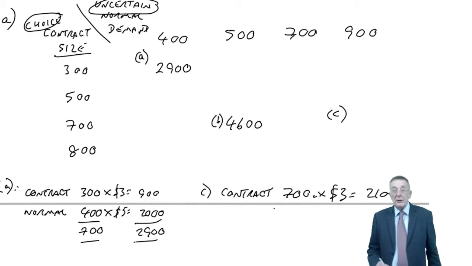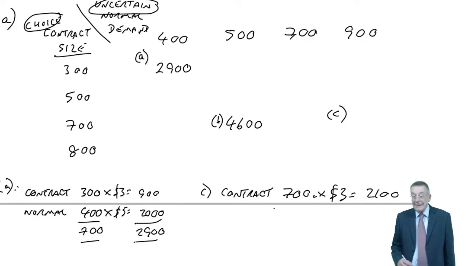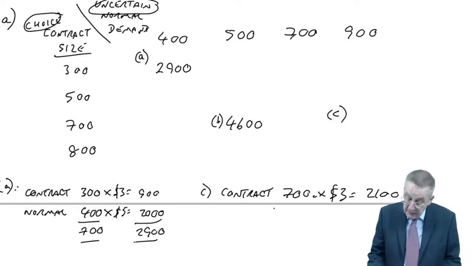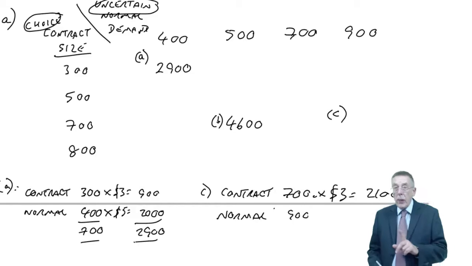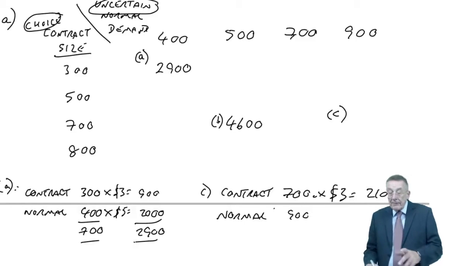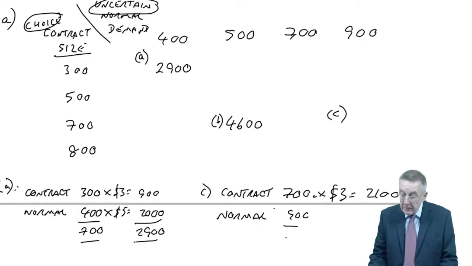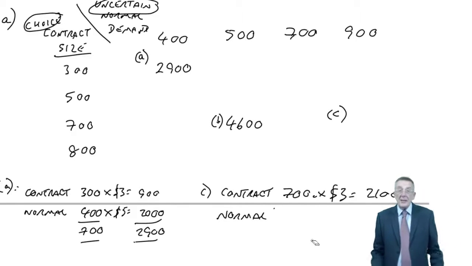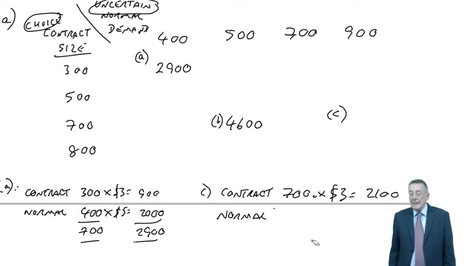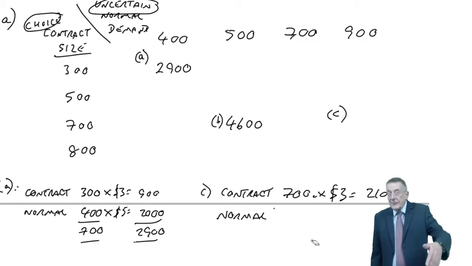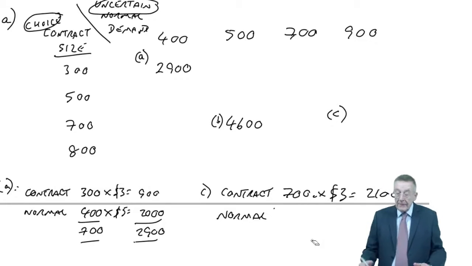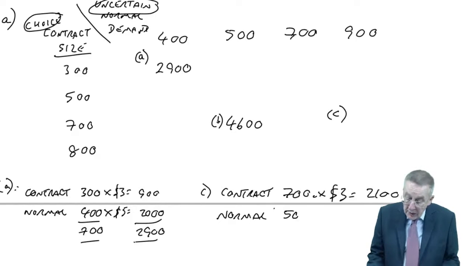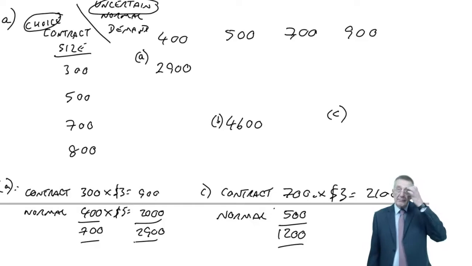We've no choice if we sign the contract for 700. Normal customers want 900, but here we have a problem. Because to sell 900 to them would mean producing 1,600 in total, and we can't. Our maximum capacity is 1,200 units. We have to give 700 up to the contract customer, but we're only able to produce another 500 for normal customers.